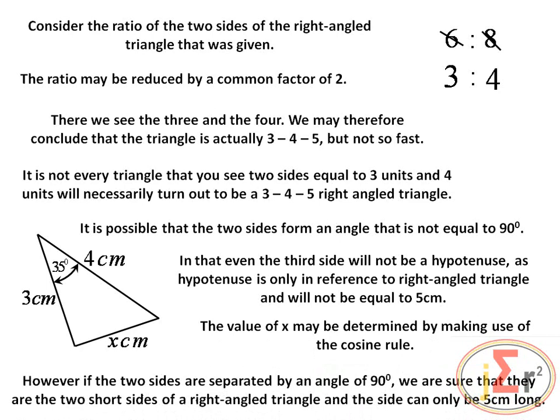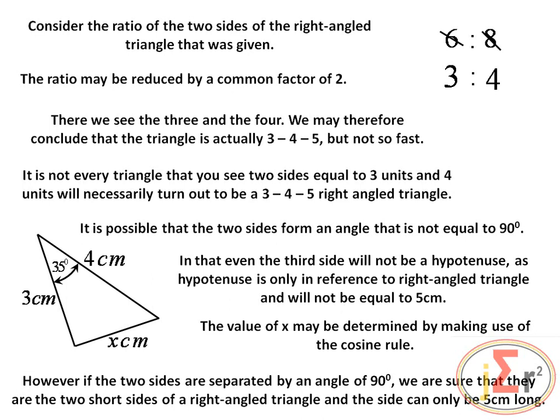However, if the two sides are separated by an angle of 90 degrees, and we are sure of that, remember, they are two sides of a rectangle. We are sure that they are the two short sides of a right-angled triangle, and the side can only be 5 centimeters long, the 5 part of the ratio 3, 4, 5.